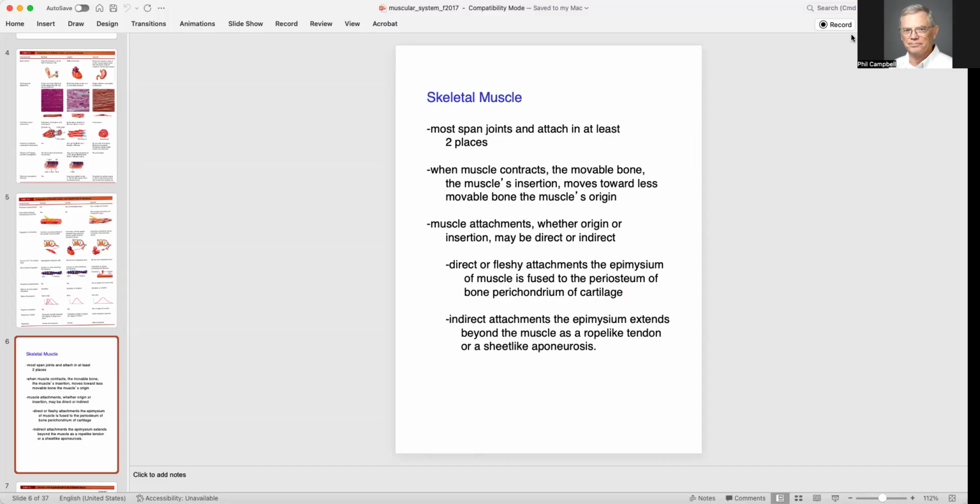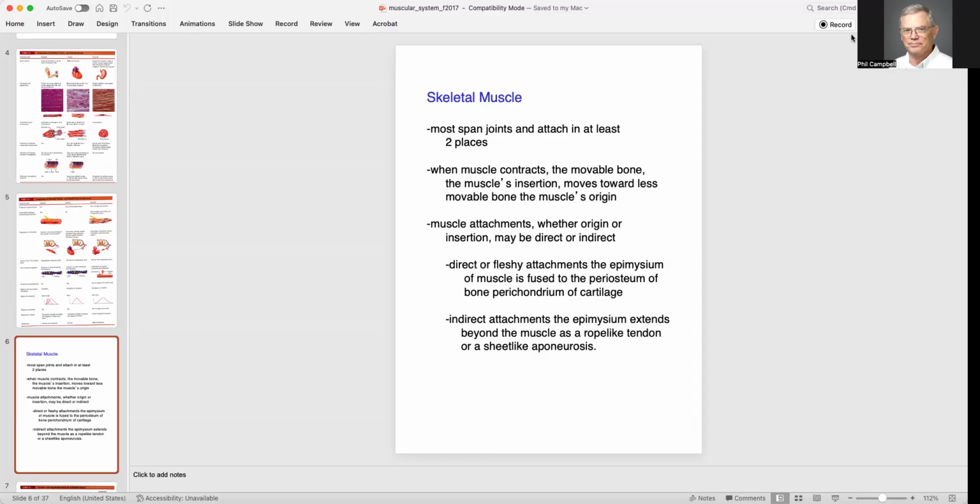All right. Skeletal muscles, they have two points of attachment, generally speaking. So they have an origin and an insertion site. They cover body parts and they allow for general movement. Now, where do they attach? How do they attach?